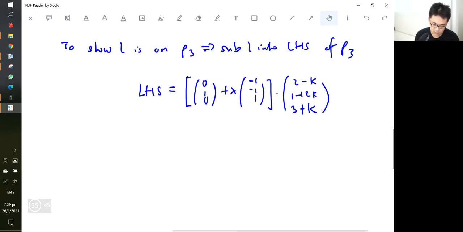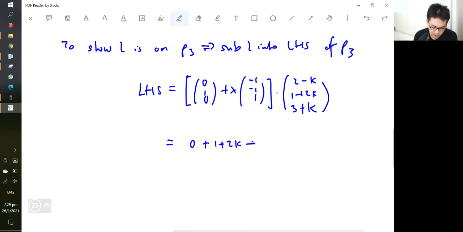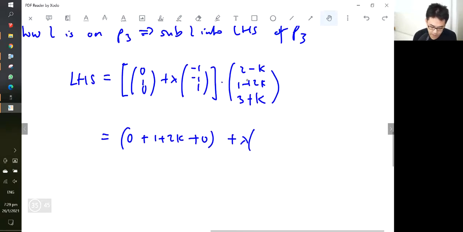Okay, so this part we get is 0 plus 1 plus 2k plus 0 plus lambda times minus 2 minus k minus 1 plus 2k plus 3 plus k.